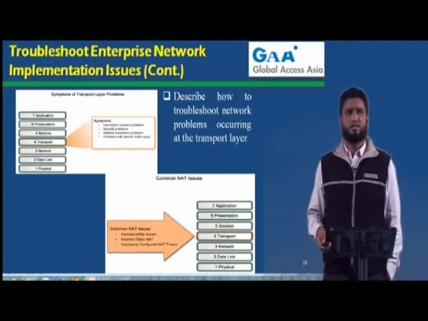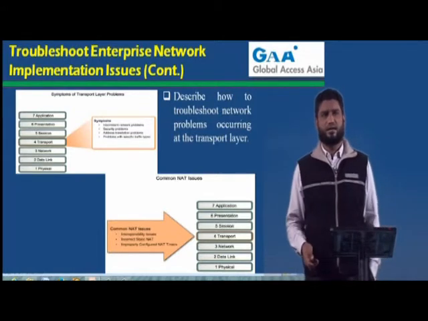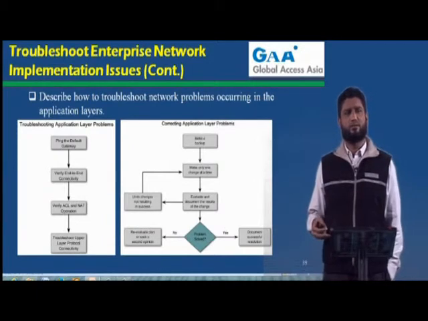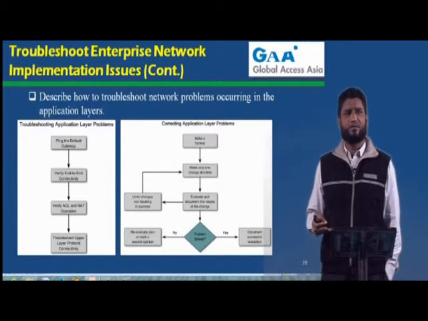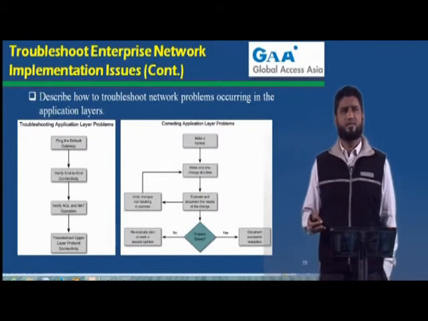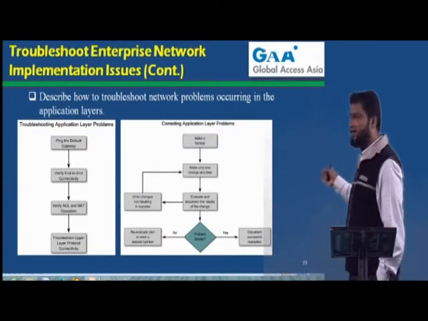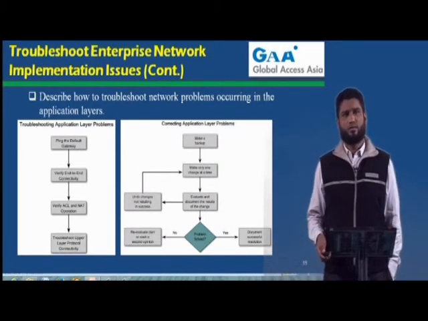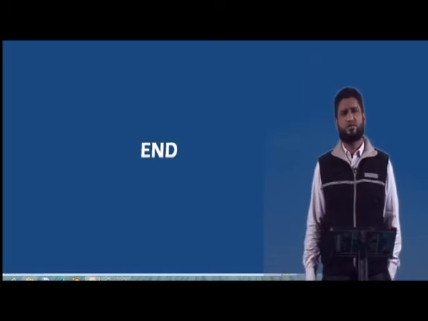You can see the symptoms of transport layer problems and how they are accommodated in these seven layers. And troubleshooting network problems occurring in the application layer is also covered: ping the default gateway, verify end-to-end connectivity, verify ACL and NAT operations. And finally, from the right side, connecting application layer problems, you can document successful information from here.